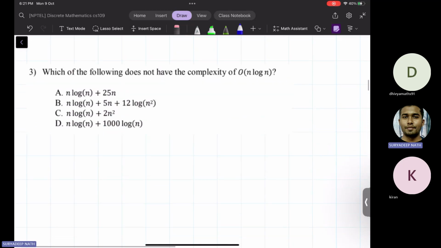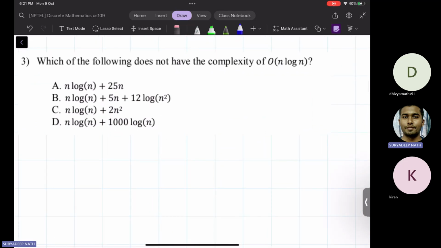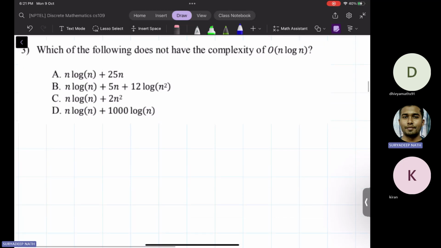Coming to the next question, which of the following does not have the complexity of n log n? In the complexity comparisons, first comes constant, that is O(1). So O(1) is a smaller set, which is contained in another set.